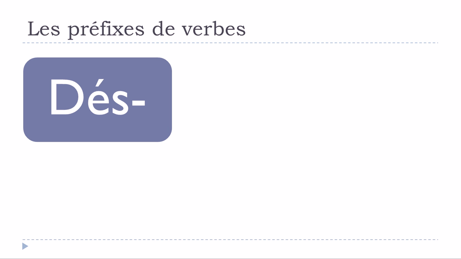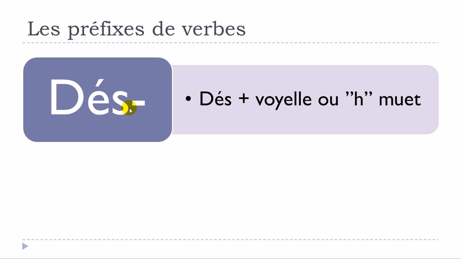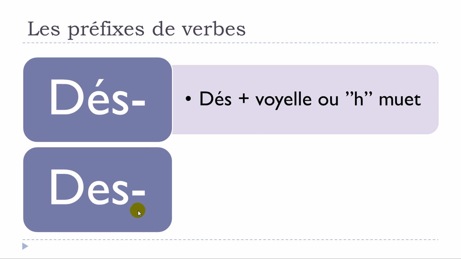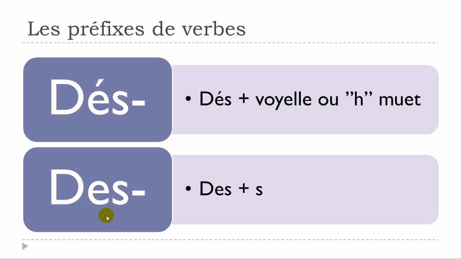Okay, so in this video, we'll see this D, accent aigu S, okay, and it will be used for the verb starting with a vowel, or then H, but then muet, mute, plus a vowel. So remember that we're not talking about all the verbs starting with H. And then we will have also the option of DES, so you can see that you don't have any accent here, and it will be used only for the verbs that will start with the letter S here, okay?